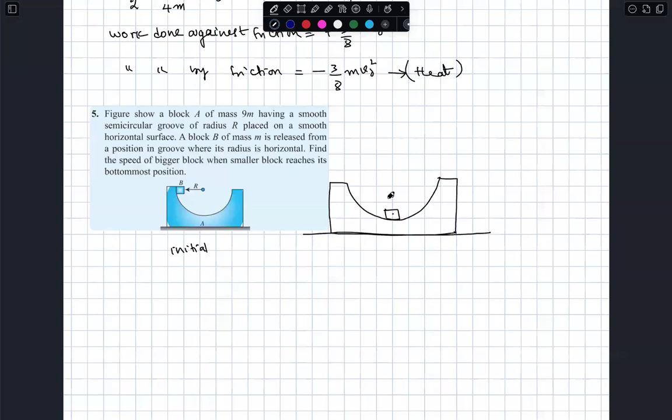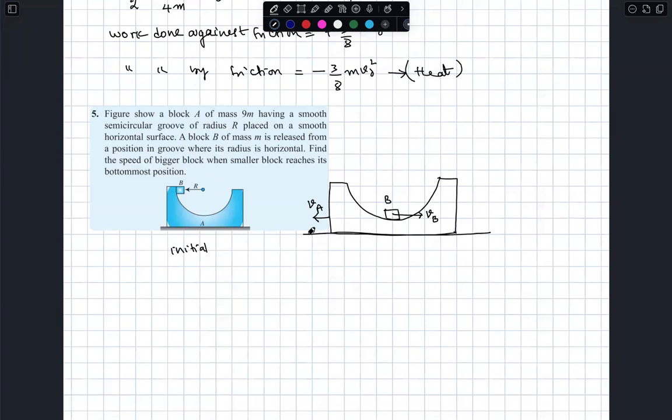This is your block B, whose velocity is VB, and this is the velocity VA. Remember, two different velocities. Initially there is nothing. Now you have two unknowns, one is VB, the other is VA.